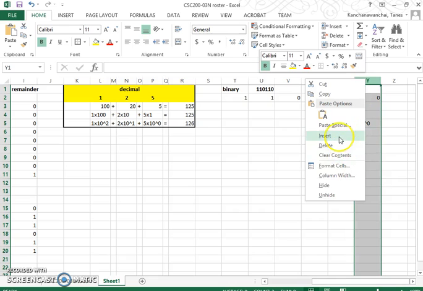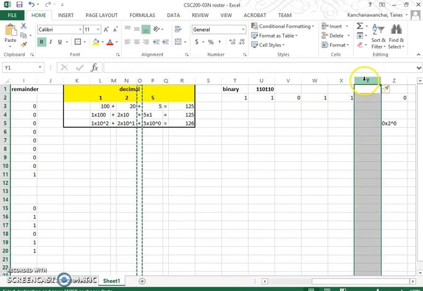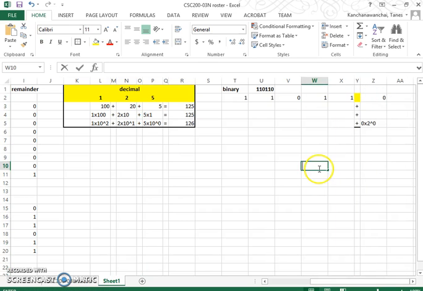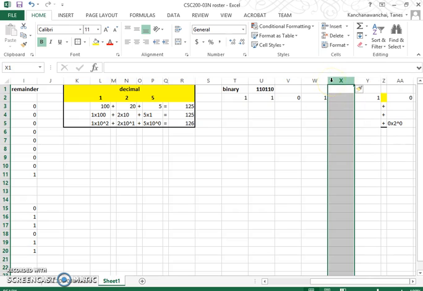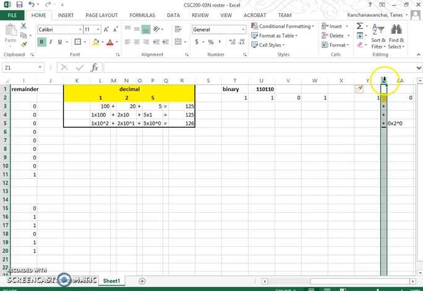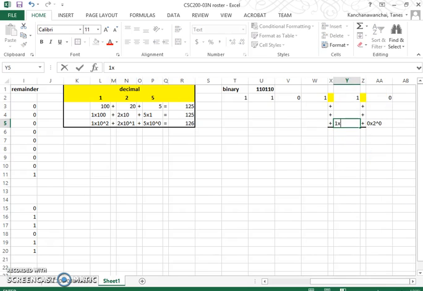We will do this sum just like this. We're going to have to sum for each of these. Now this is going to be 1 times 2 to the 1, right?